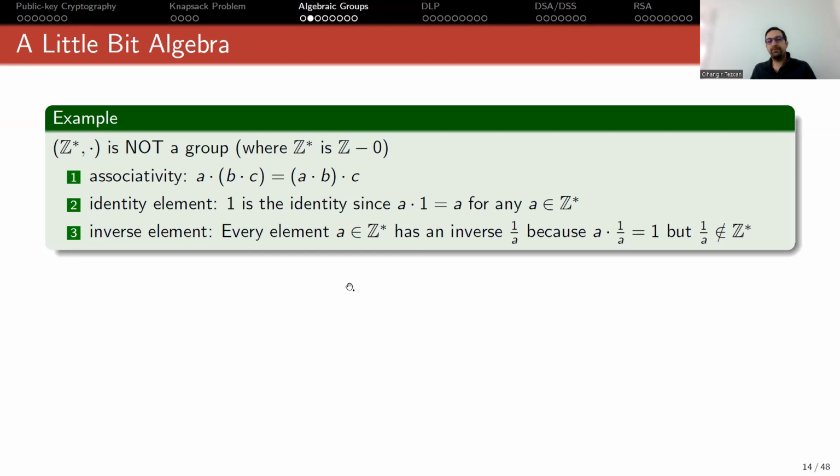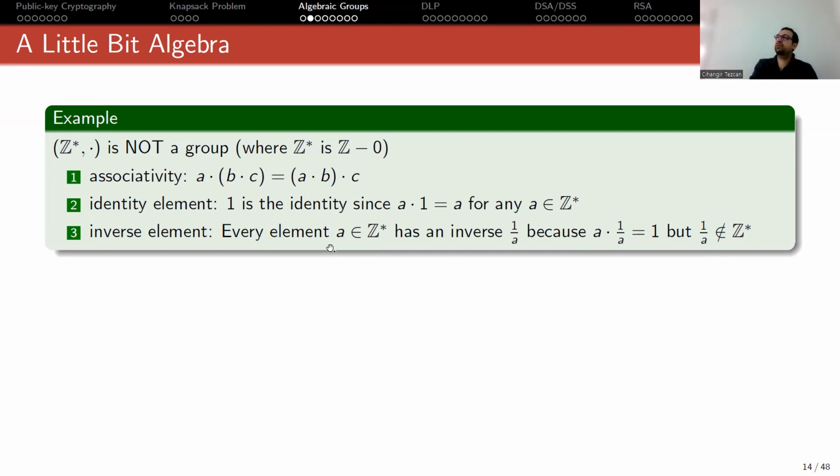But the problem is that not every element has an inverse. Actually, only 1 has an inverse. Because think about it. If you give me A, I need something like 1 over A so that I can multiply both of them and end up with 1, right? But 1 over A is not in Z star if A is different than 1, right? Think about 3. 3 doesn't have an inverse here.